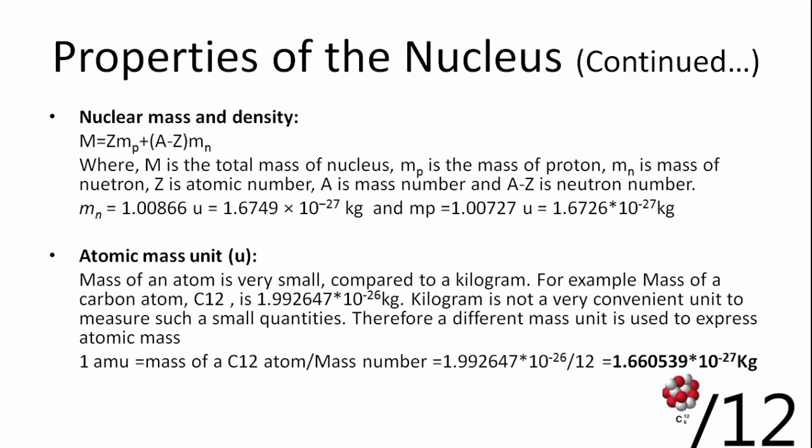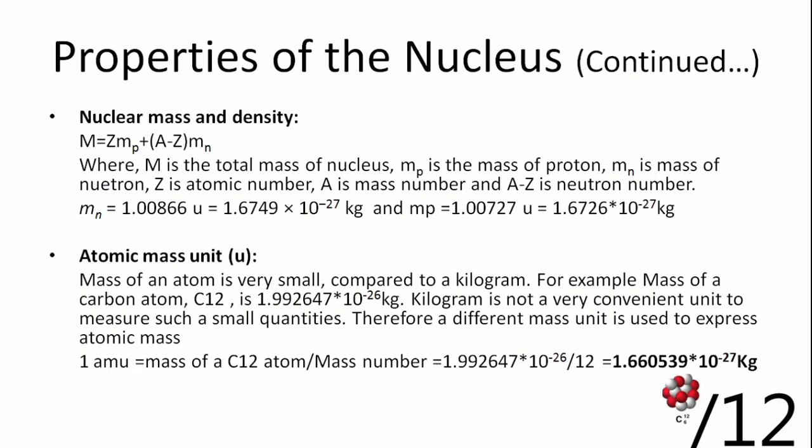Now let us understand nuclear mass and density. Let m be the mass of a nucleus that we are going to calculate. The expression for the nuclear mass is given by the total number of protons present in the nucleus multiplied by the proton mass, added to the total number of neutrons present in the nucleus multiplied by the mass of a neutron.